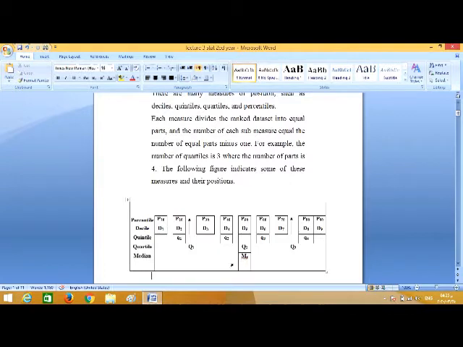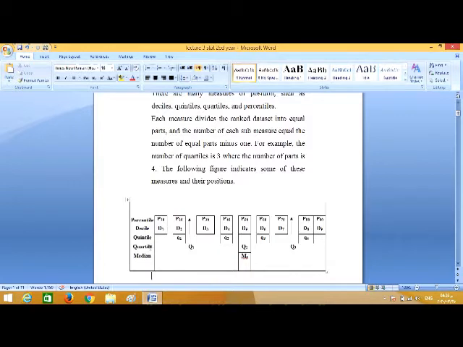So the median divides the data set into two equal parts, and the number of medians is only 1. So the number of parts minus 1. Okay, so the number of measures equals the number of parts minus 1.